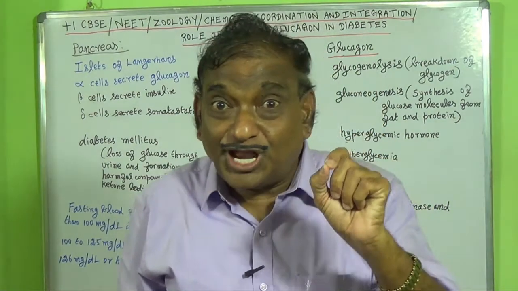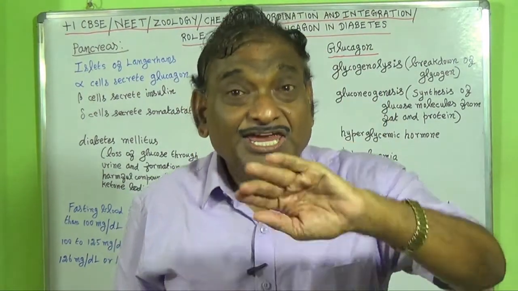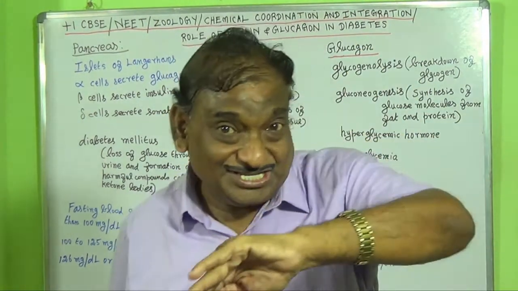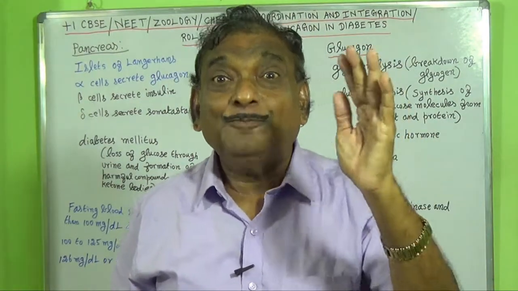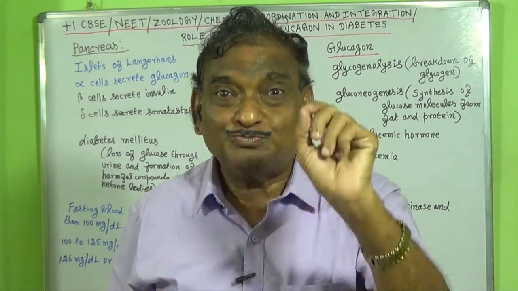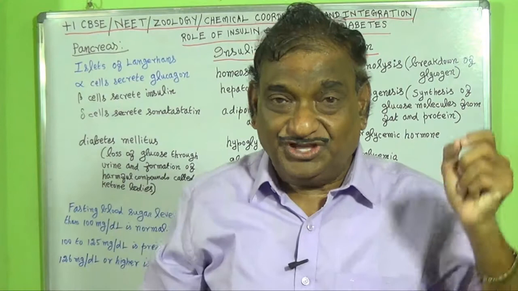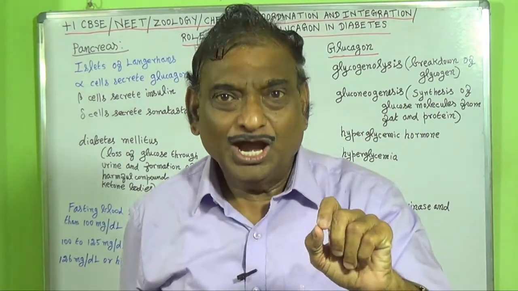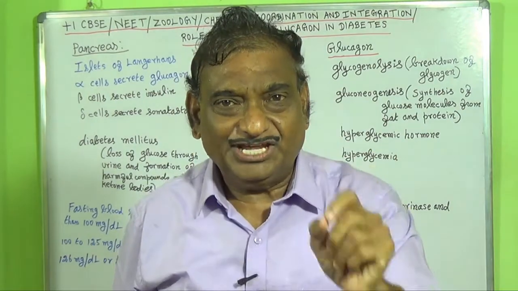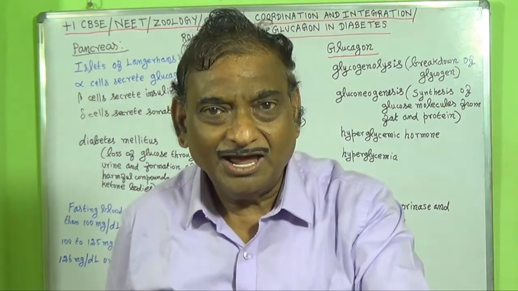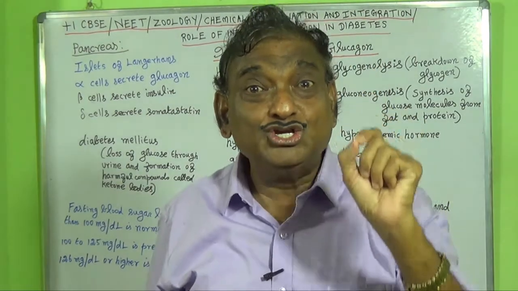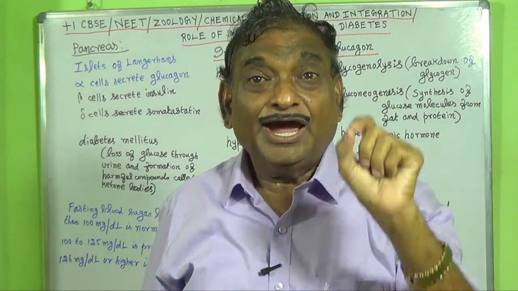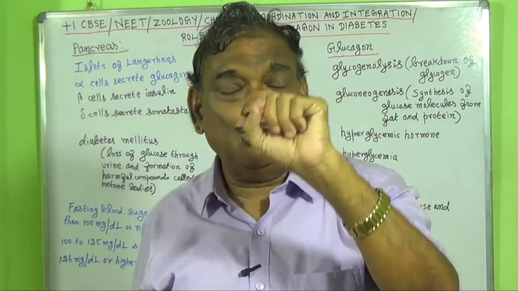The third function of insulin is it enhances, that is, it increases the uptake of glucose by the cells. In these three ways, insulin decreases the glucose level, that is, the blood sugar level, so insulin is called a hypoglycemic hormone.